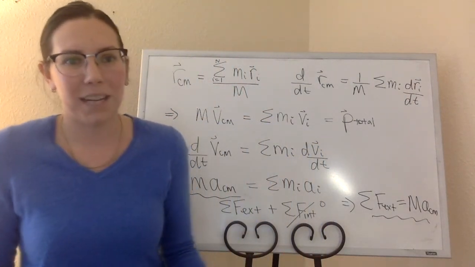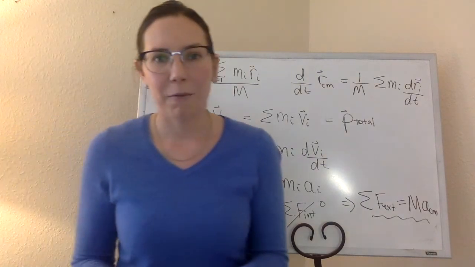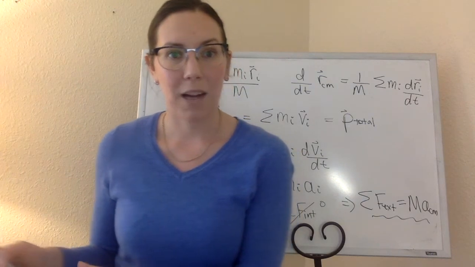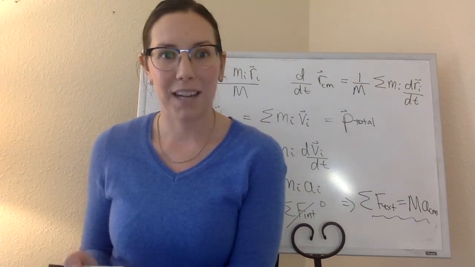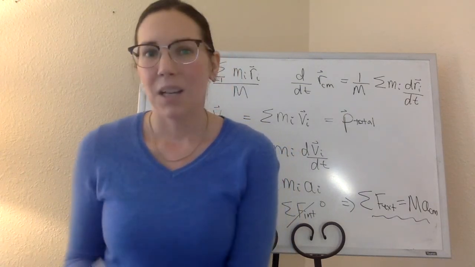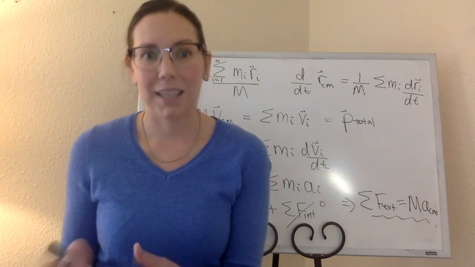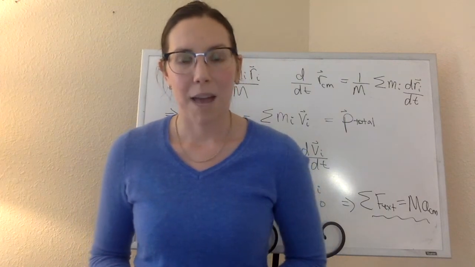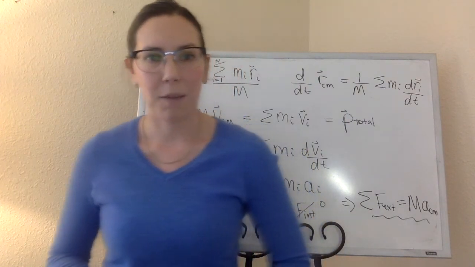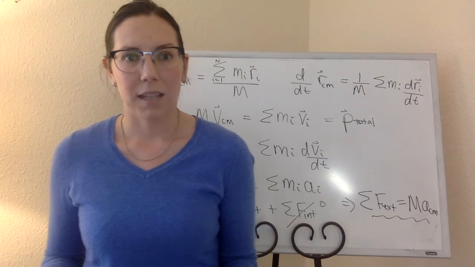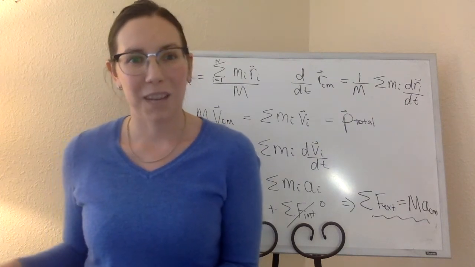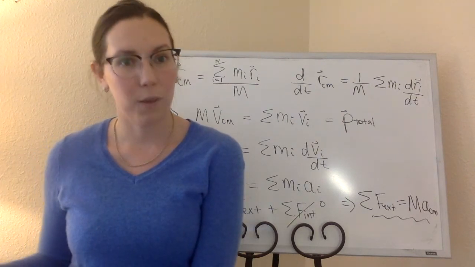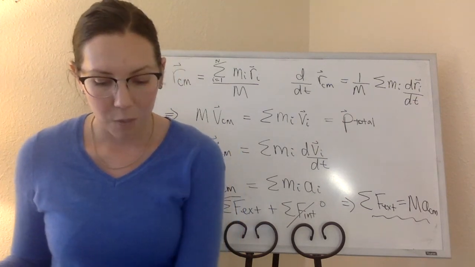So this is important because it's telling us that if we can find the center of mass for an object, then we can treat the motion of that object as moving around the center of mass and use the velocity, the momentum, the acceleration of that center of mass in order to analyze the object. So that's why finding center of mass is going to be important here for irregular objects. It's also important as we look at torque and rotational motion in the next section, where we will analyze objects that have forces acting on different locations within the object.